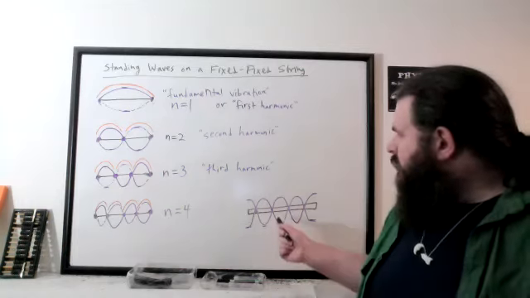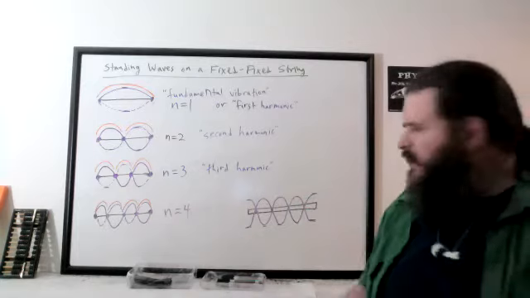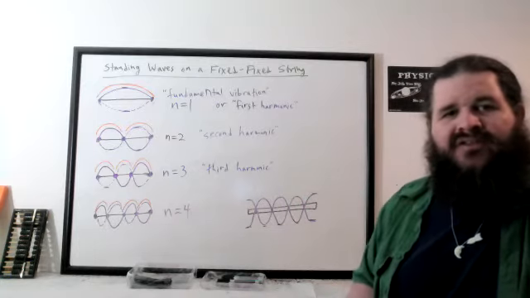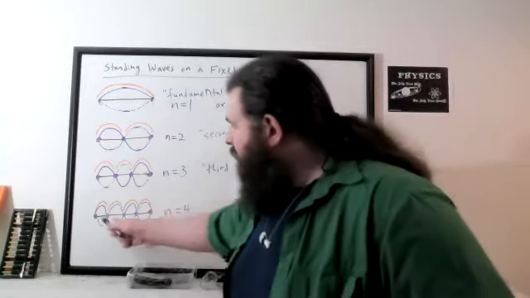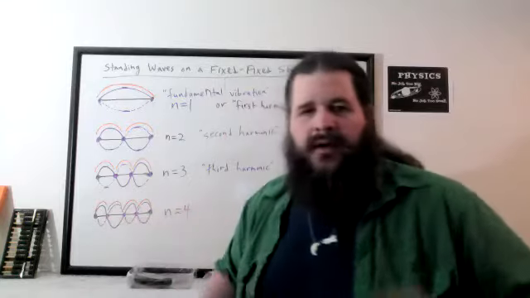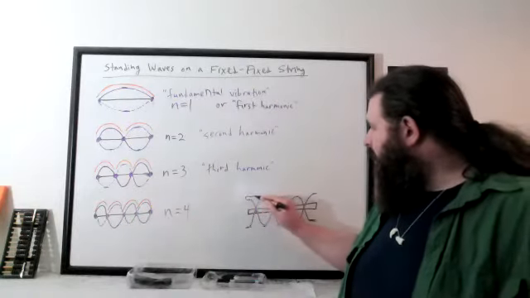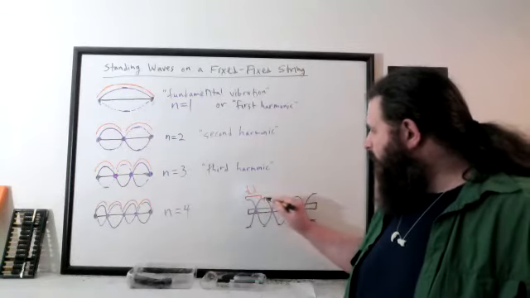And so in this case, we wouldn't want to say that n is the number of antinodes. Instead, you could sort of think of n as the number of nodes. But again, I think it's more useful to look at n as the number of half wavelengths. Here we were looking at a half wavelength as the distance from node to node. But you could also think of a half wavelength as the distance from antinode to the next antinode. This is a half wavelength.